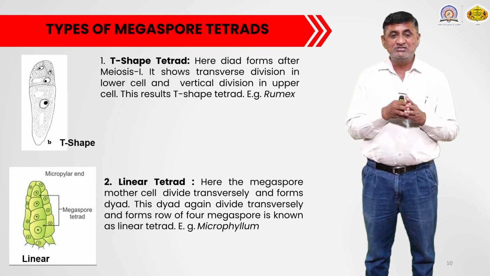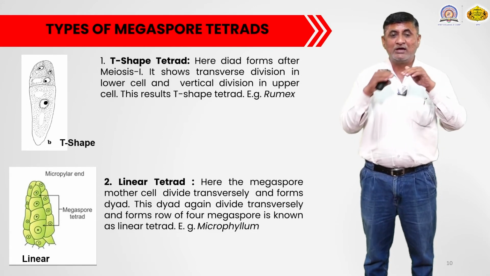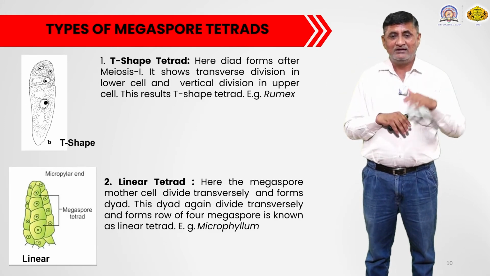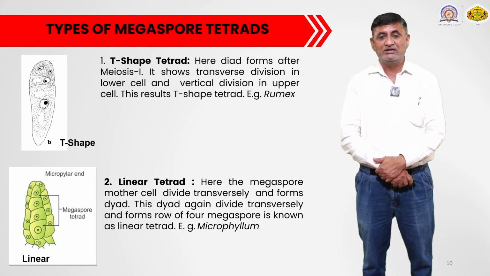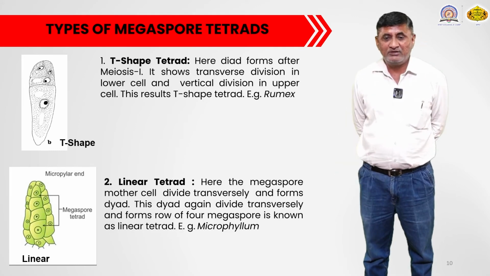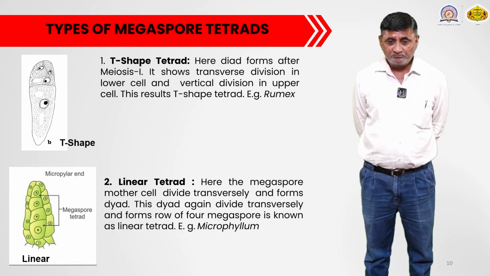You can see two megaspores at the upper side and two at the lower side. This kind of tetrad occurs in plants like Rumex.